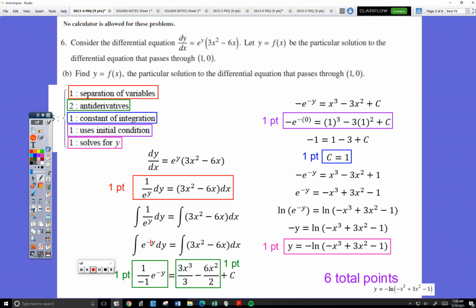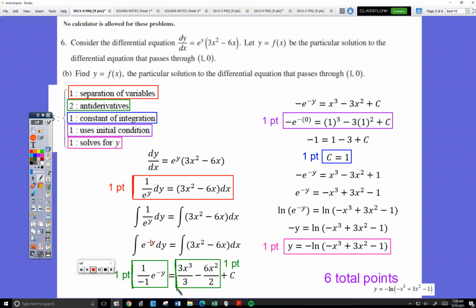Here's kind of a printed summary of what we did. The red box is the separate step. The green box is the anti-differentiation step. You get 1 point for each antiderivative, the antiderivative on the left, and an additional point for the antiderivative on the right.